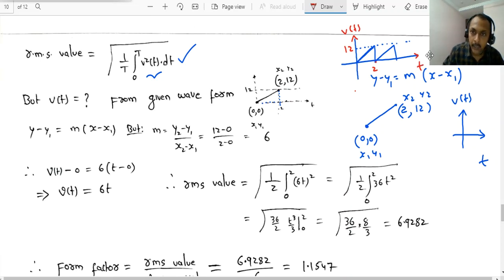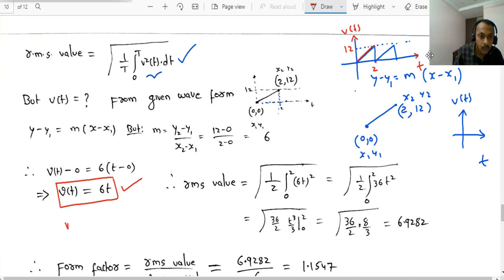So you got a line passing through the origin. If somebody asks you the slope, it is opposite side by adjacent side: 12 divided by 2, 6. Very, very important. If you know this, the entire problem is very easy. v of t equals 6t. Now very easy.